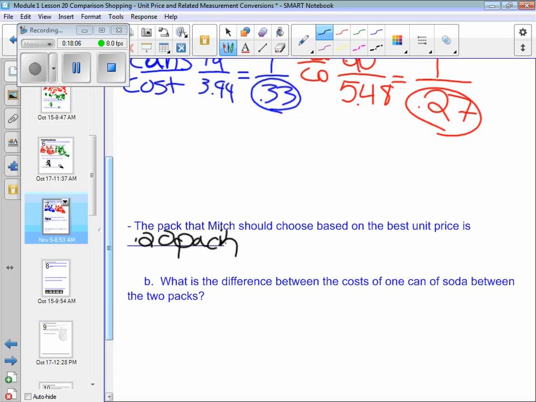And find out now how much more of a better deal it is by doing your subtraction. Six what?